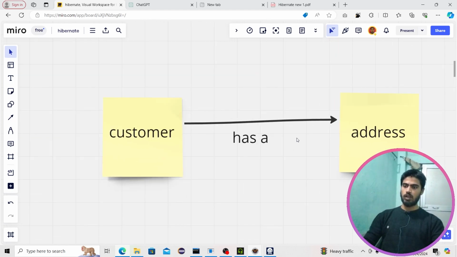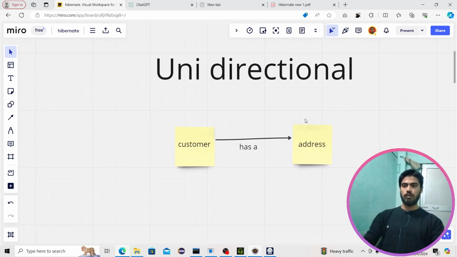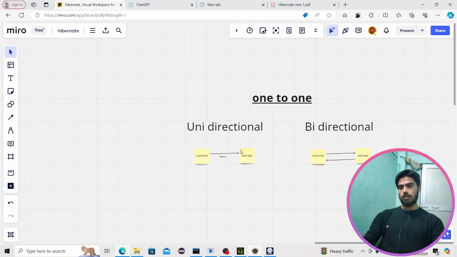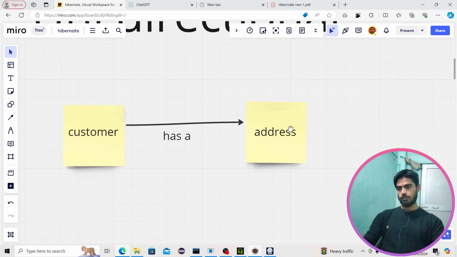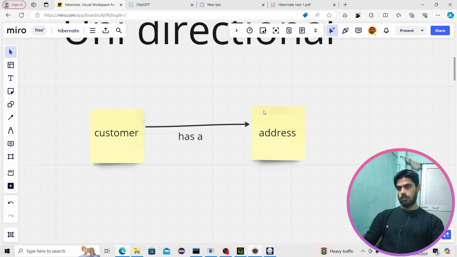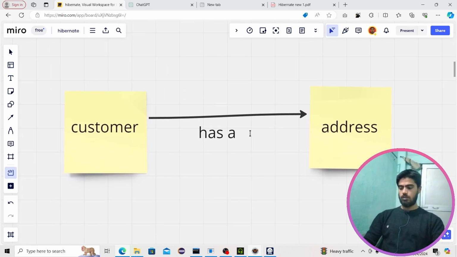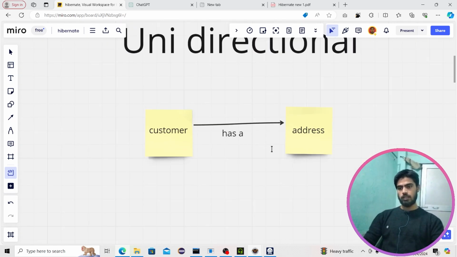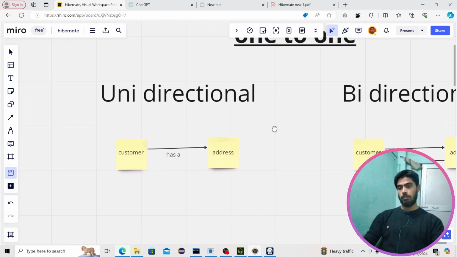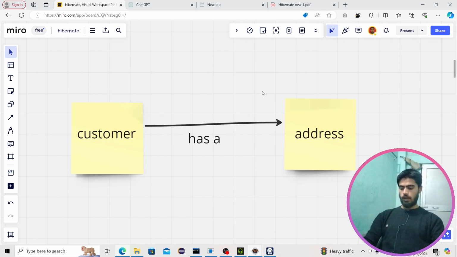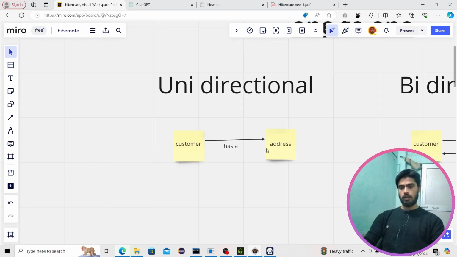So whenever we are talking about a has-a relationship, we have to use association mapping. I think you got the idea.